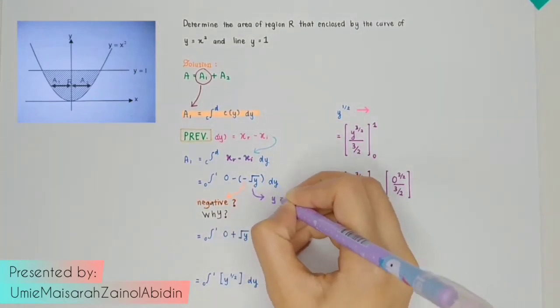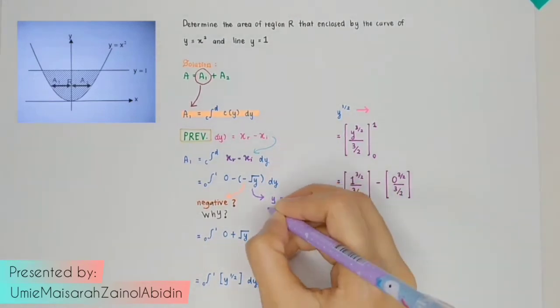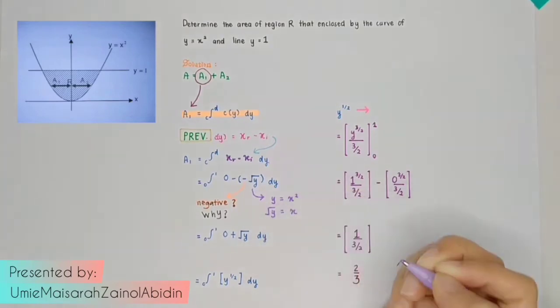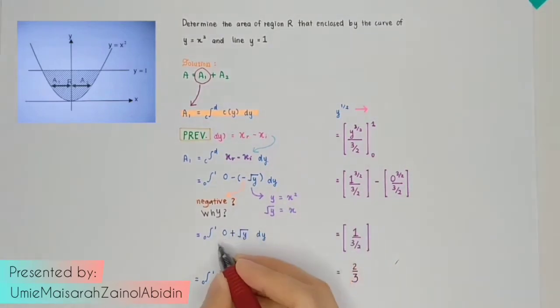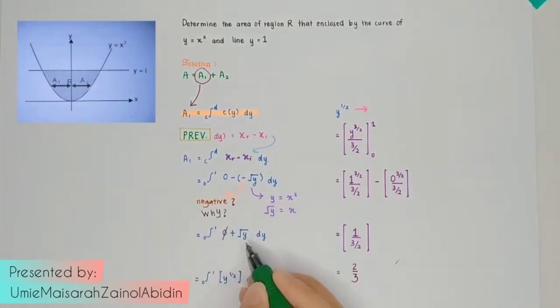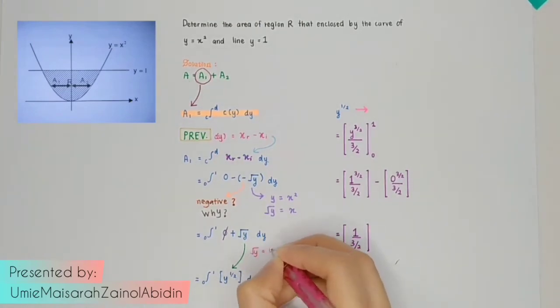Shown in the diagram that y is equal to x squared. So, square root y is equal to x. Negative and negative becomes positive. Just cross the 0. Square root y becomes like this, because square root is just the same as the power of 1 over 2.